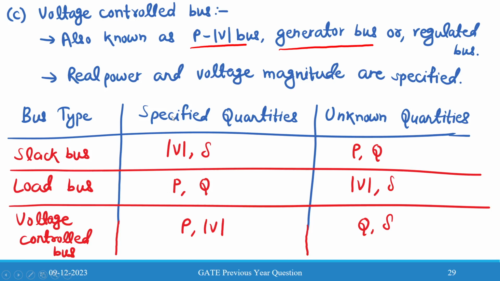And sir, slack bus. Slack bus we generally take as the bigger generator in the system, so that with a little disturbance in the system we cannot change the voltage and angle of the system. It is a bigger system that has an enormous amount of power capability to deliver. So by disturbing that bus you cannot change the voltage that is being supplied by the generator.